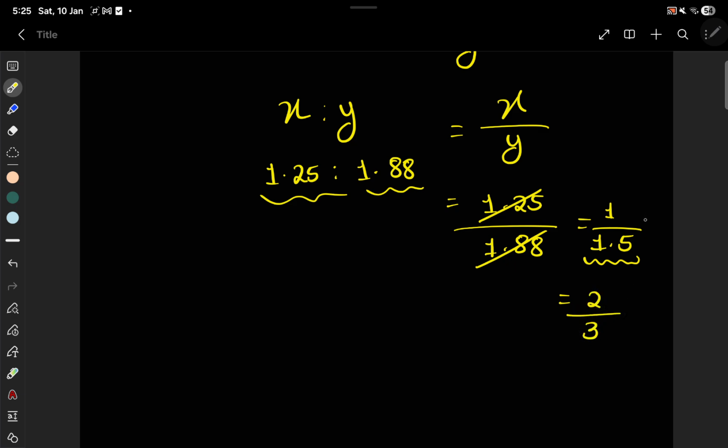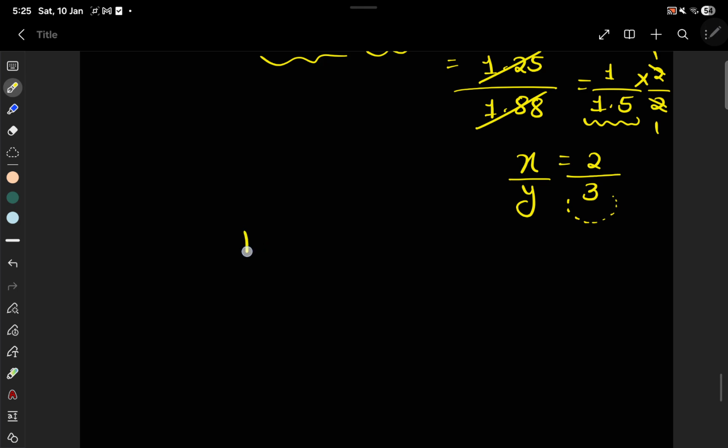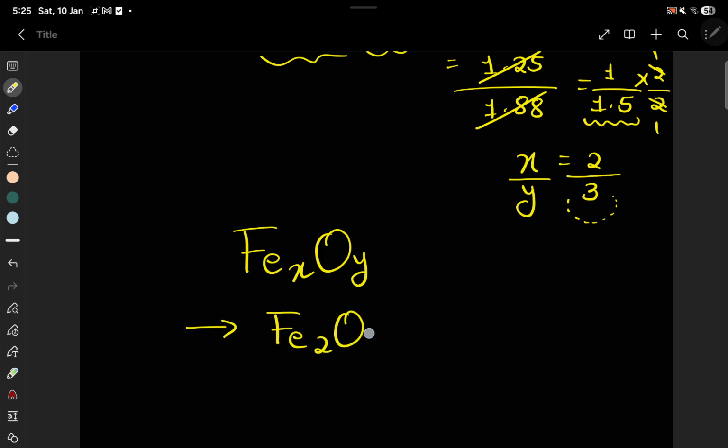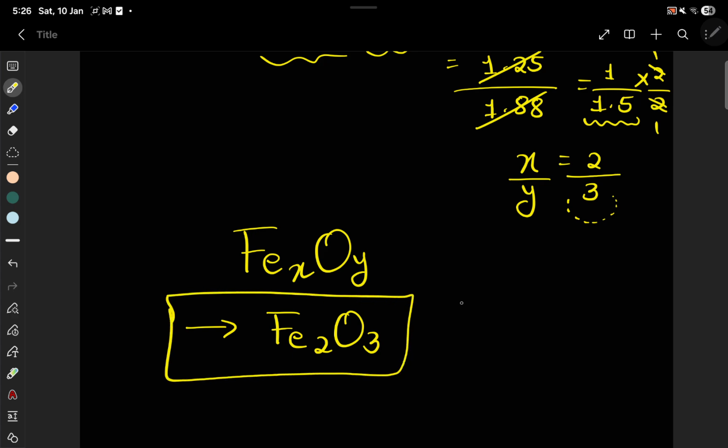What I have done is multiply by 2 divided by 2, which is 1 ratio 1, so it does not affect our answer but removes the decimal. So here are the values of x and y. The empirical formula was FeXOY, so let me put the values in: Fe2O3. This is the desired empirical formula and the answer to this question.